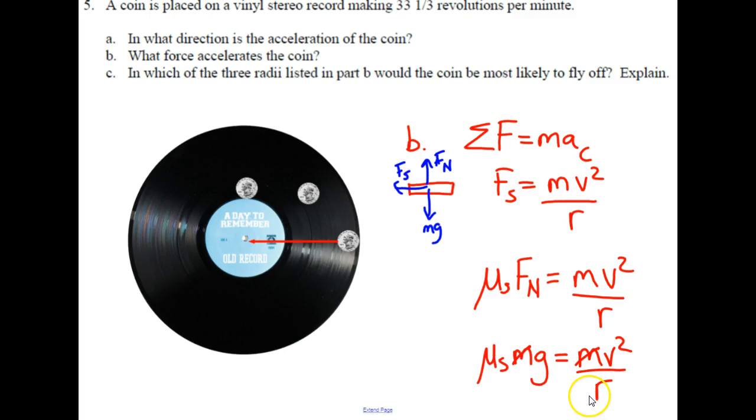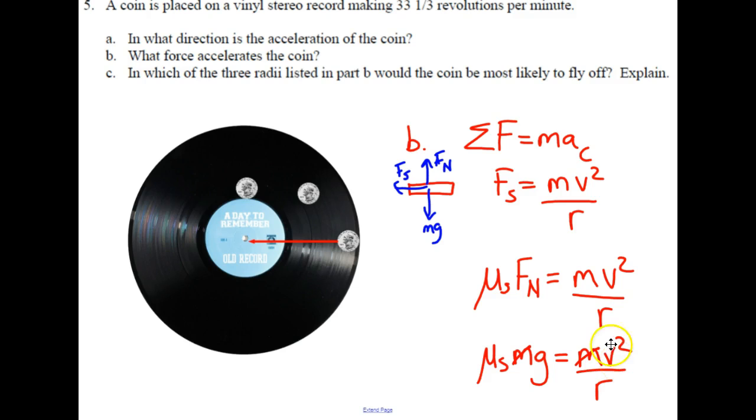So, if we decrease the radius, what does that mean? Decreasing the radius, inverse relationship, increases the amount of friction that would be required to have the coin traveling around the circular path at the same speed.